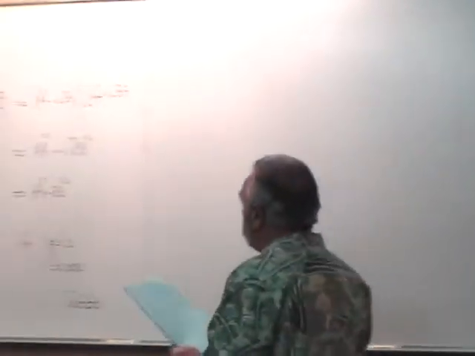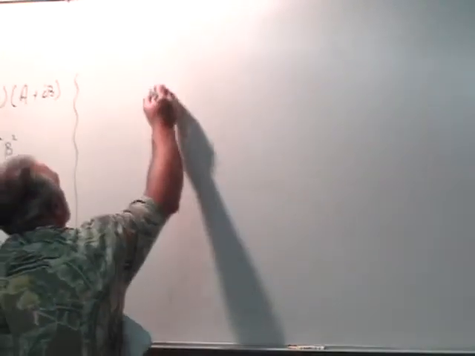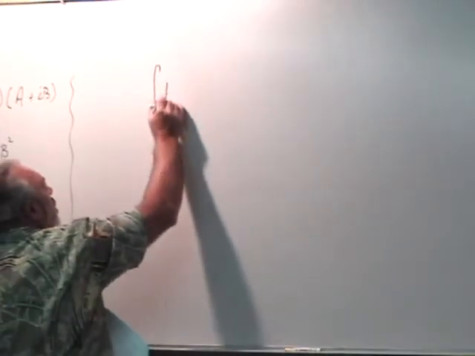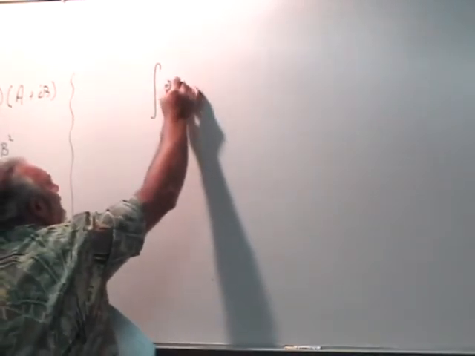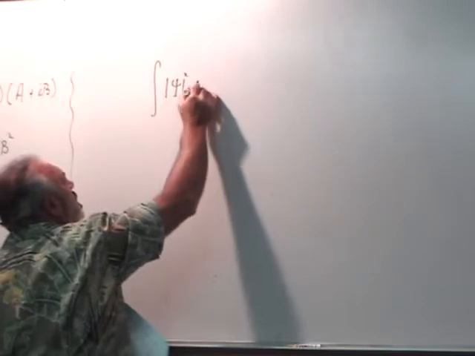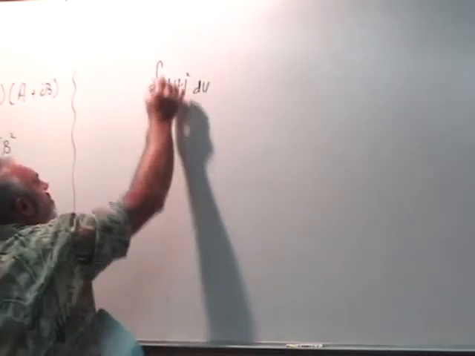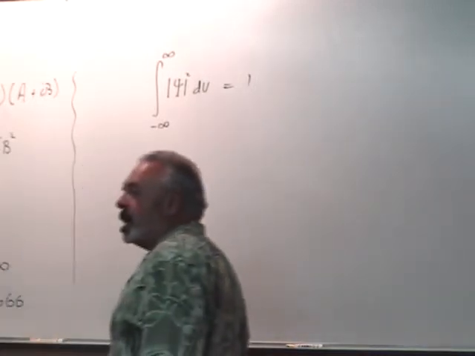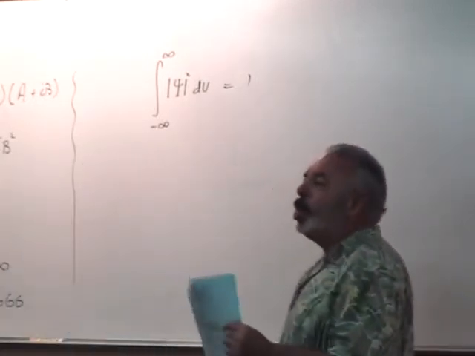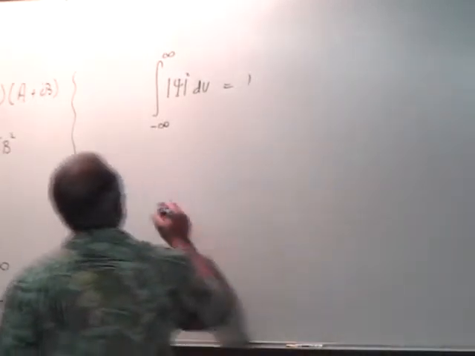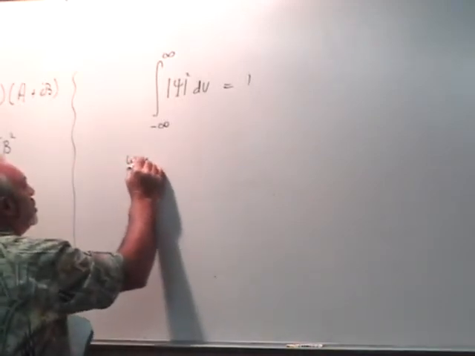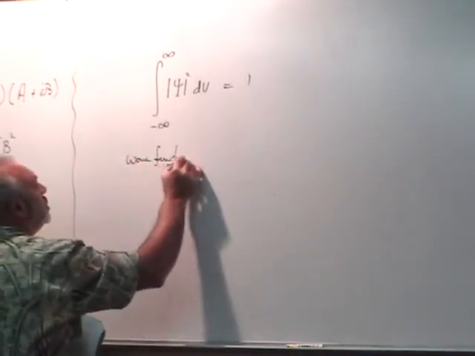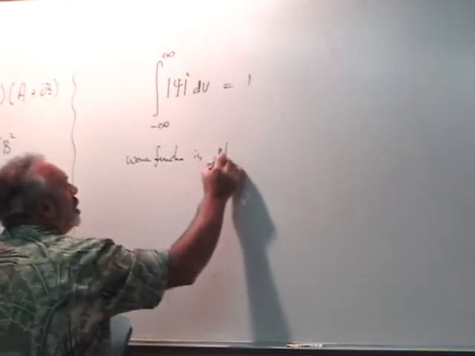Now, if we have this, look, the integral of psi squared dV equals 1, here we go. If it equals 1, then we call this wave function normalized.